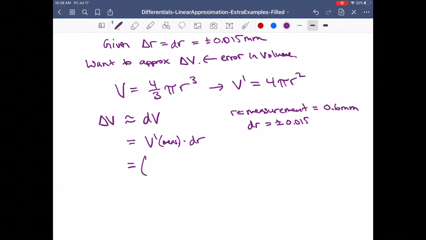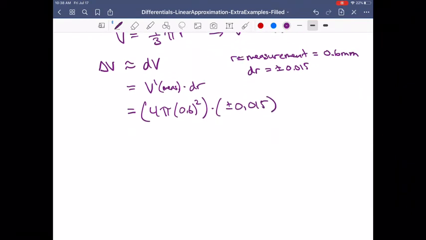So this is going to be 4 pi times our measurement squared, times the amount we could be off by, plus or minus 0.015. If you compute this, you get plus or minus 0.0679, and this is in millimeters cubed.